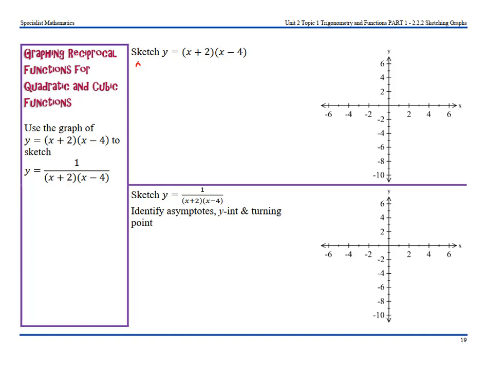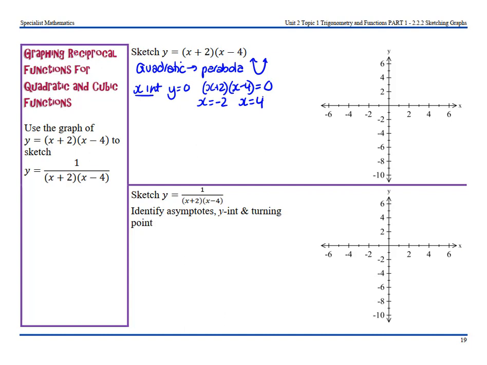So that's a quadratic. So a parabola. And we'd have a positive x squared, so it's a happy parabola. Our x-intercepts, so when y equals 0, so x plus 2, x minus 4 equals 0, x equals negative 2, x equals 4.